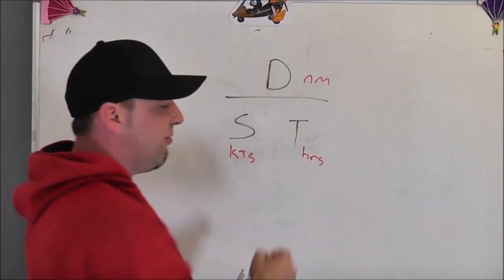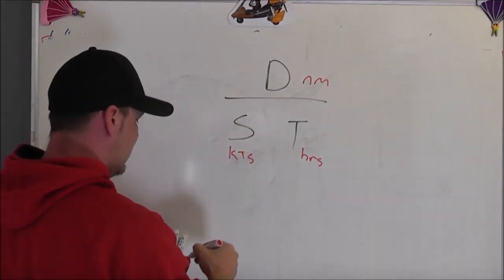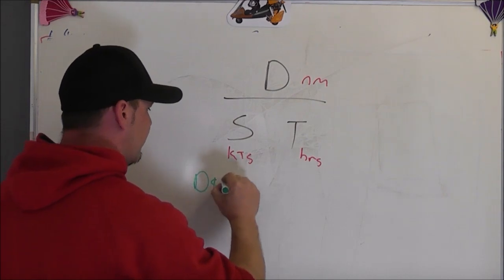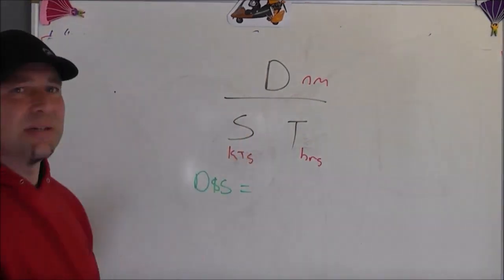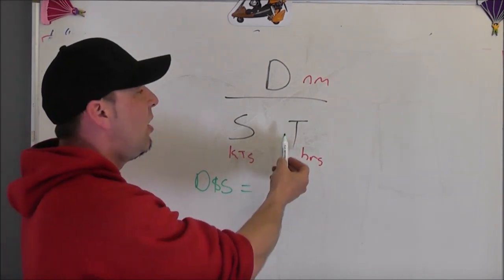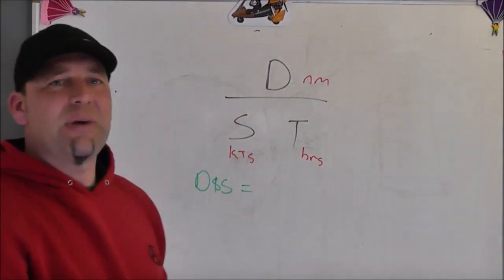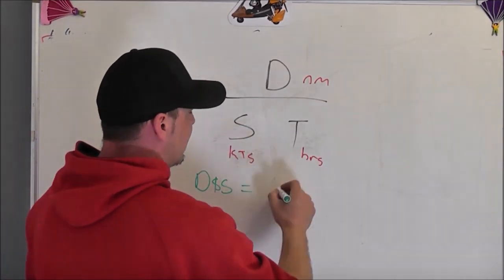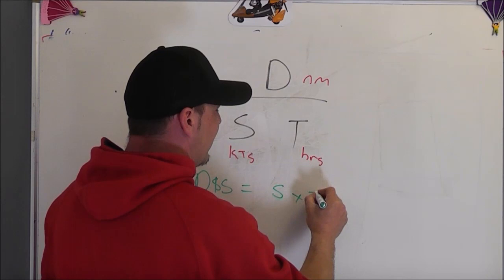And so from this, if we wanted to work out a distance, we know what speed we're travelling and we know how long we've been travelling for. What distance am I going to cover? So distance is very, very simple. We would multiply speed by time.